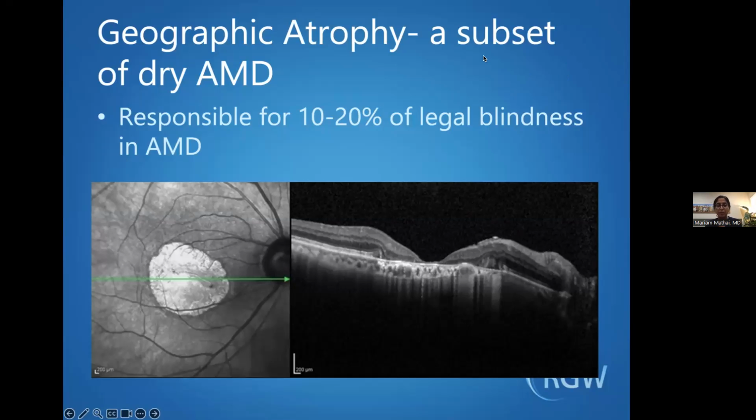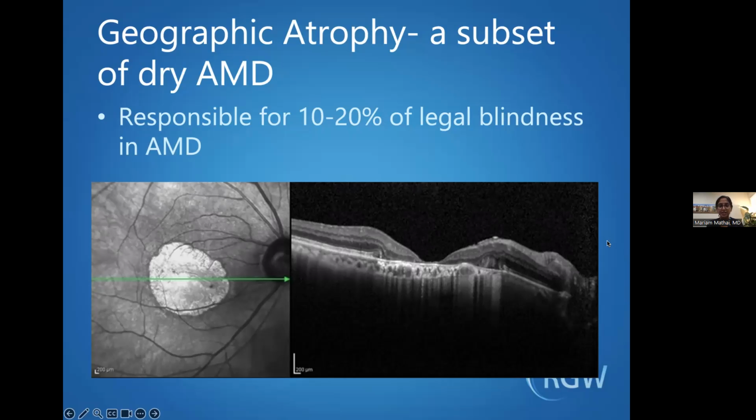We always harp on the wet type of macular degeneration, but geographic atrophy can also cause blindness, and this is also permanent and irreversible. In this OCT image here, you can see how the nerves are nice and thick here, and then all of a sudden they drop off, and there's no nerve tissue there. Unfortunately, the retina is like brain tissue and nerve tissue, and science hasn't gotten to the point where we can bring it back yet. So if this happens, you are permanently blind.